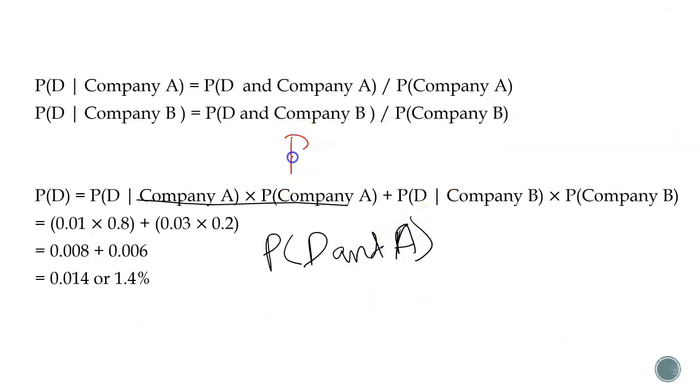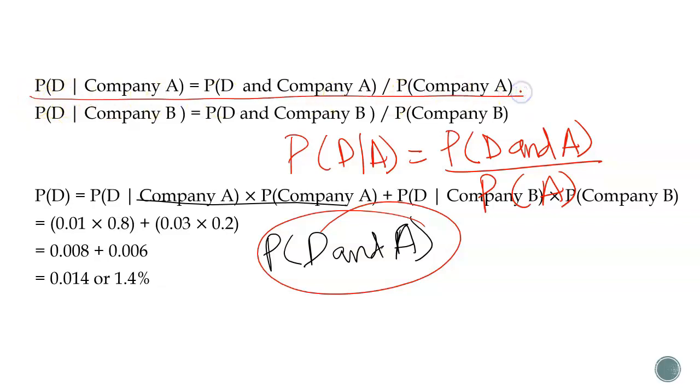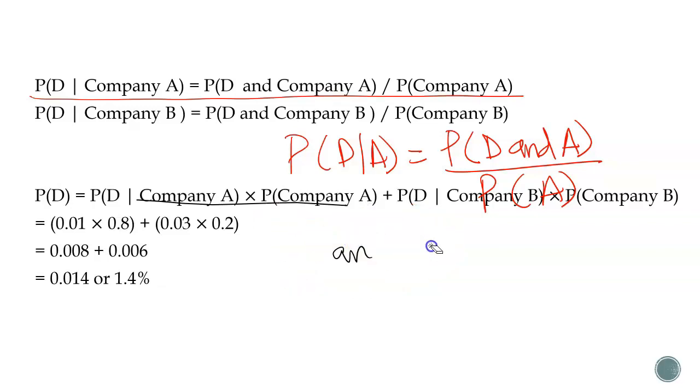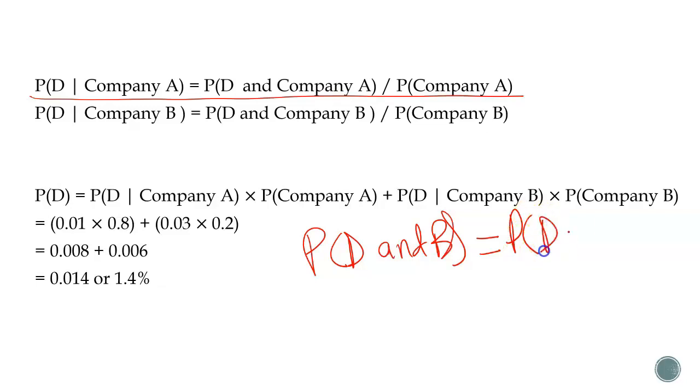I know that my probability of D given A is the same as probability of D and A over probability of A. So we can change the subject to get my probability of D and A. Same thing for probability of D and B. It will be the probability of D given B times probability of B, based on the formula we just wrote down.